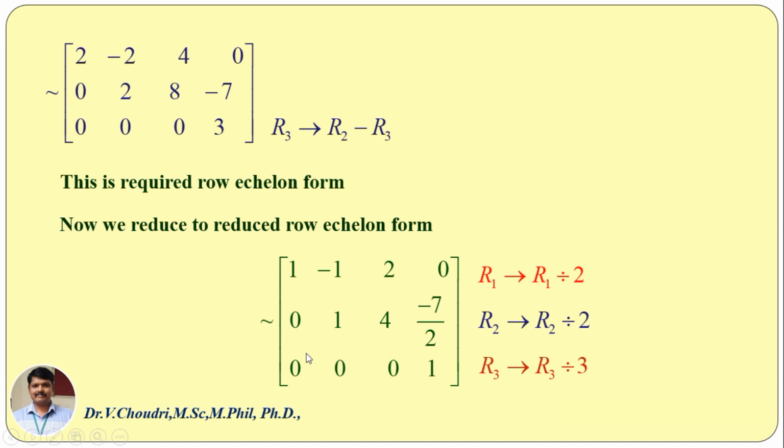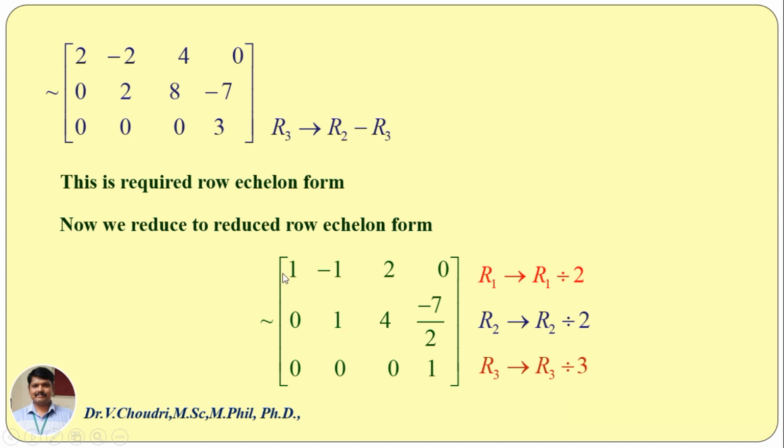The last row also satisfies the condition 0, 0, and here 3, make it 1, divided by 3: 0, 0, 1. Now it is in the required form.